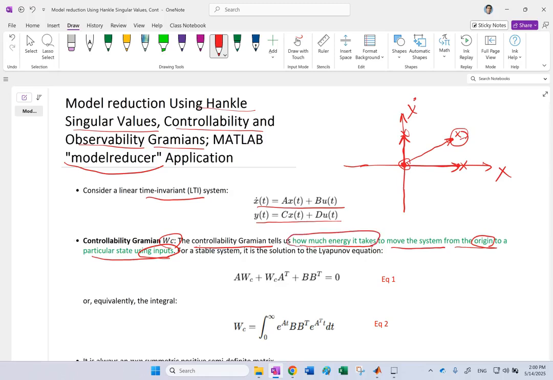How easy is it to go from zero position and velocity to, for instance, a non-zero position and maybe zero or non-zero velocity? How easy is it to reach a state? How much energy should you put into it? This is the controllability Gramian.